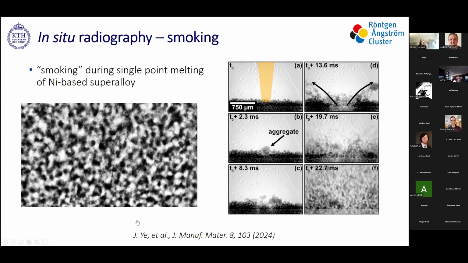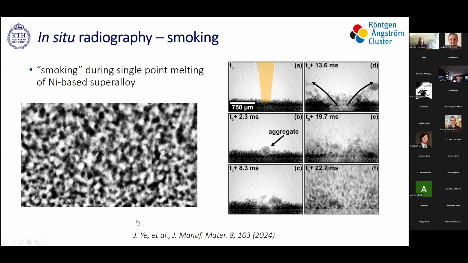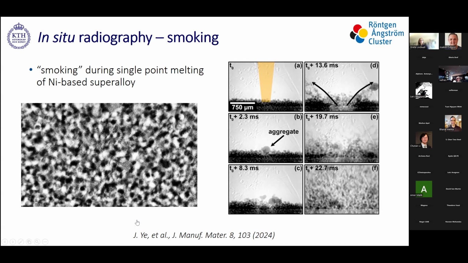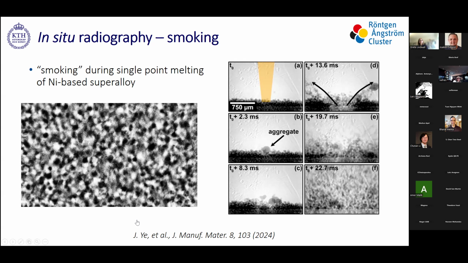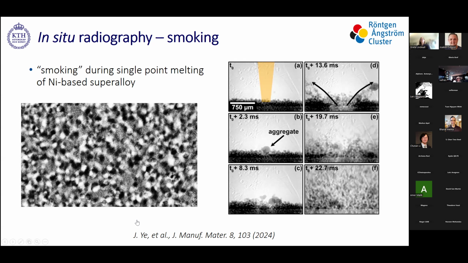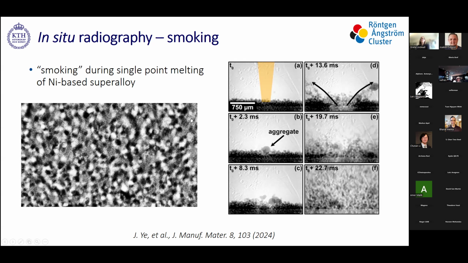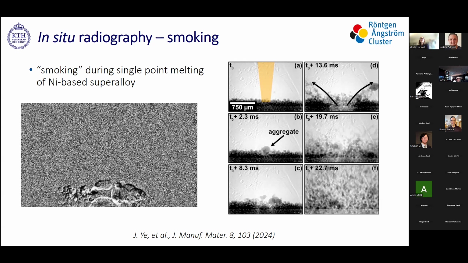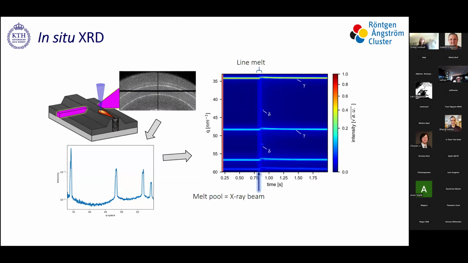By learning more about the powder bed behavior using this mini-melt, one could perhaps adjust or optimize the process so that one can avoid these kinds of process failures. So that was 3 examples of the radiography. Next we will talk more about the diffraction, or WAXS.